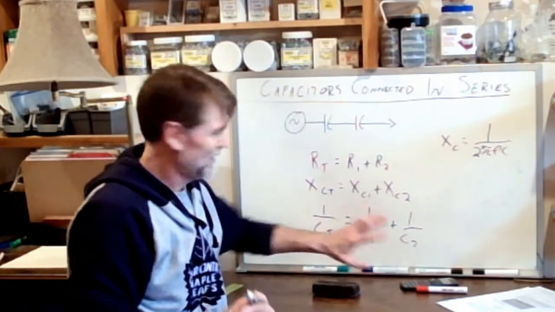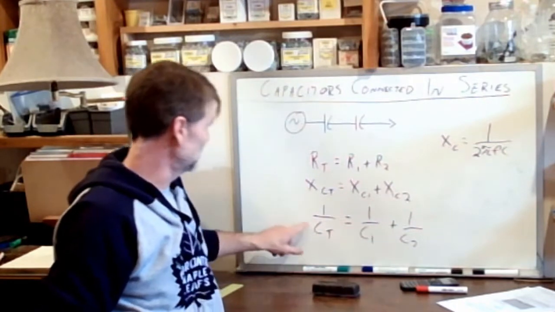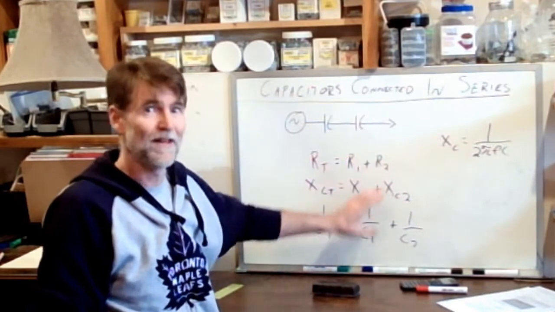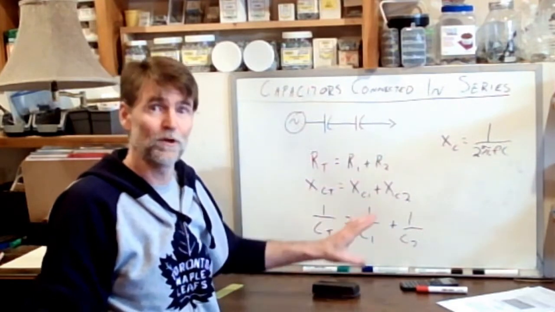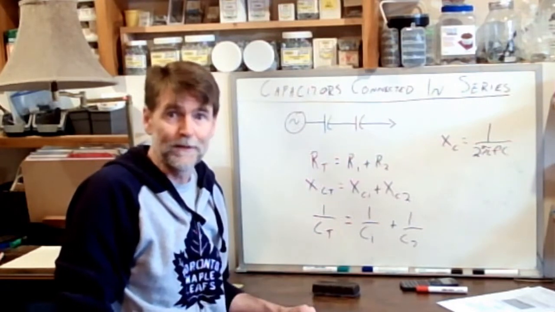Now, it starts to get messy, and we can do this one more time, move the inverse over, so CT equals the inverse of, okay, our standard reciprocal equation that we use to calculate resistance in a parallel circuit.